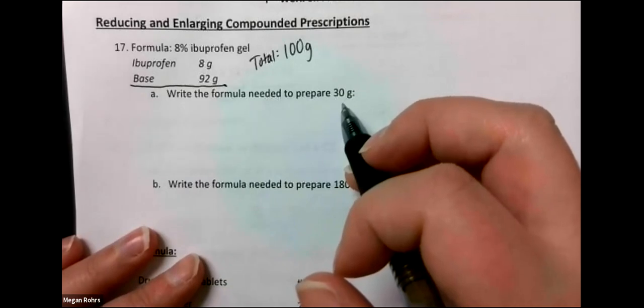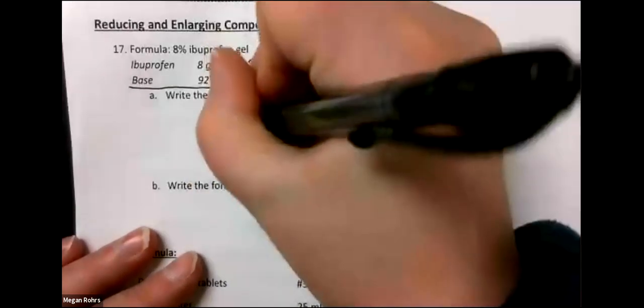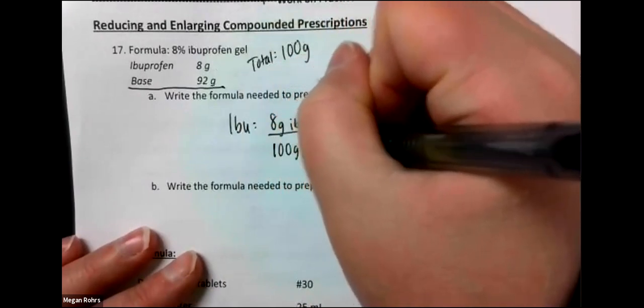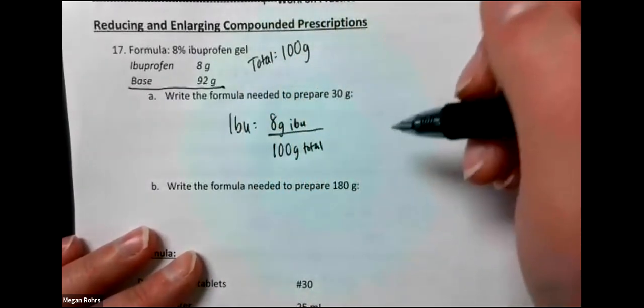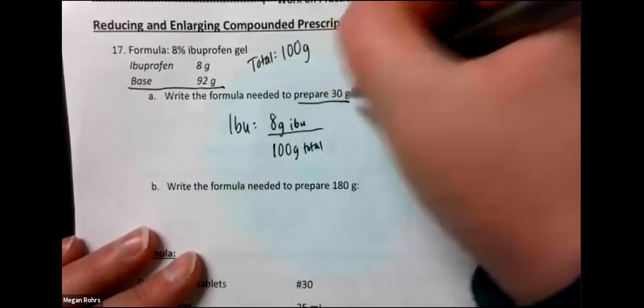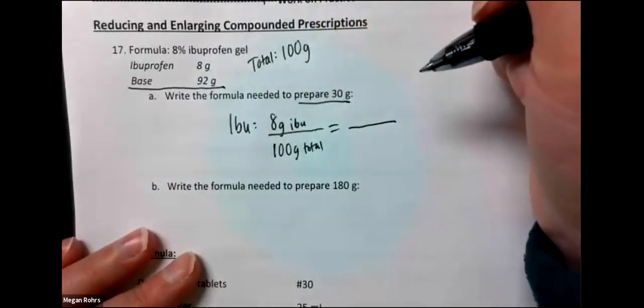So what we can do here is look at each ingredient separately. With the ibuprofen, I know that there are 8 grams of ibuprofen in a total of 100 grams of cream or gel in this case. And my new formula should make a total of 30 grams.